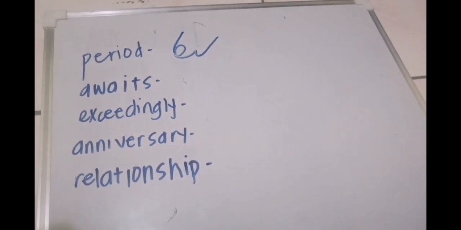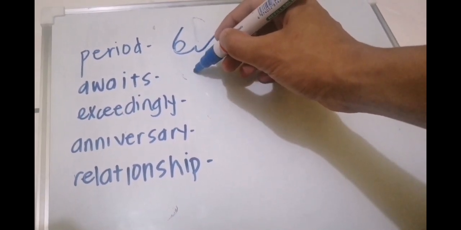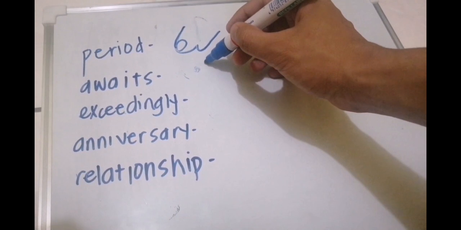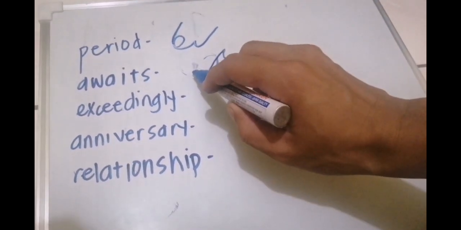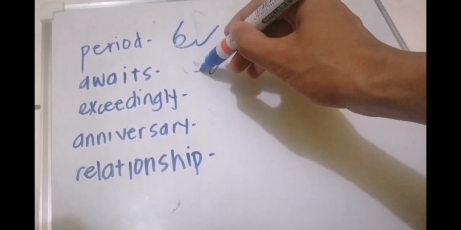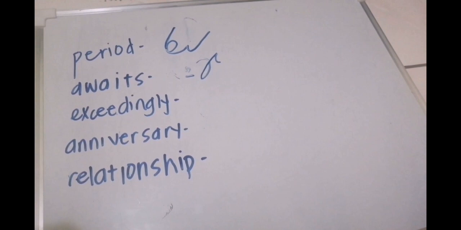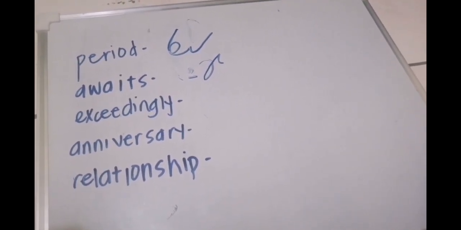Next one we have the word awaits. You must not forget the dot here, because that dot represents the sound a.